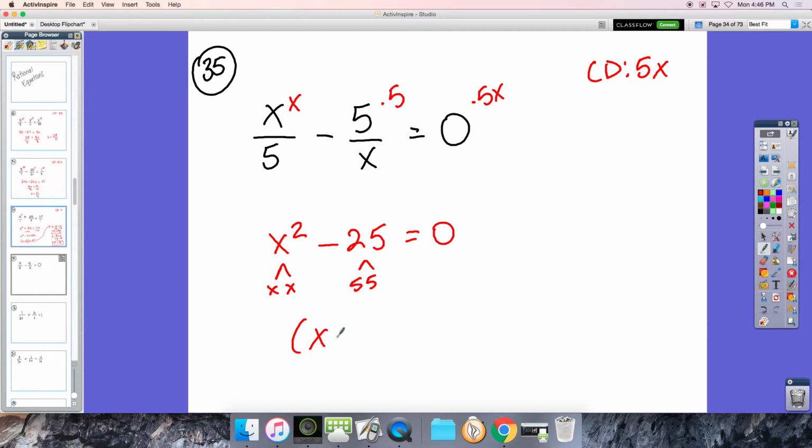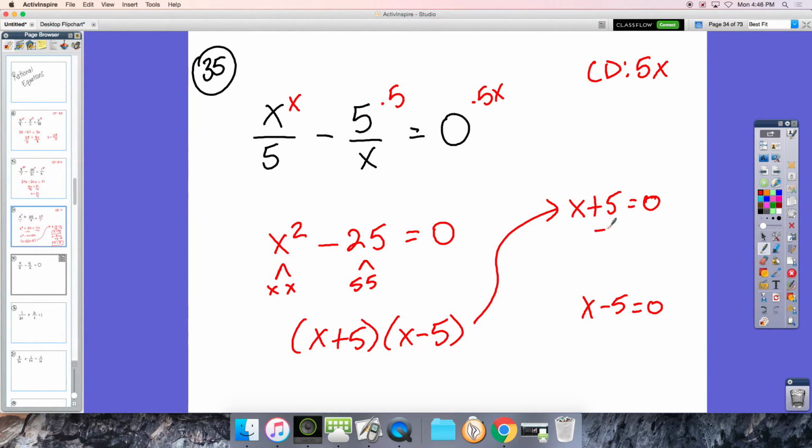So I have x plus 5 and x minus 5. Again, set both of those equal to 0. And then solve. So x equals negative 5 and x equals positive 5.